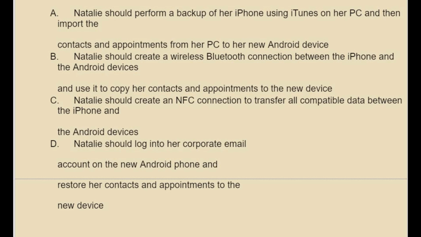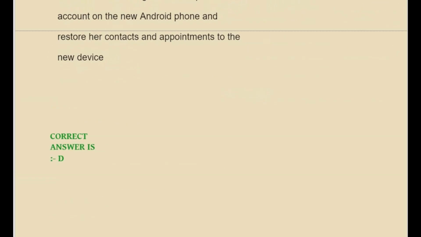Option C, Natalie should create an NFC connection to transfer all compatible data between the iPhone and the Android devices. Option D, Natalie should log into her corporate email account on the new Android phone and restore her contacts and appointments to the new device. Correct answer is option D.